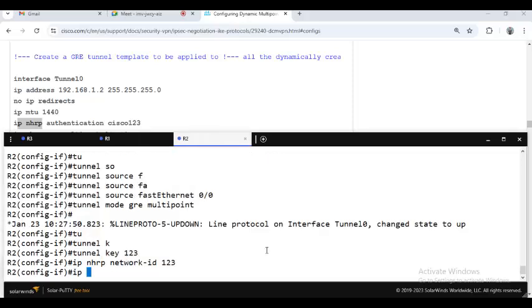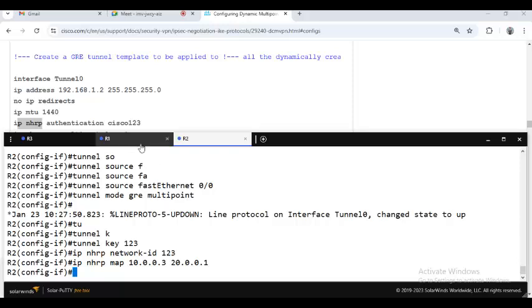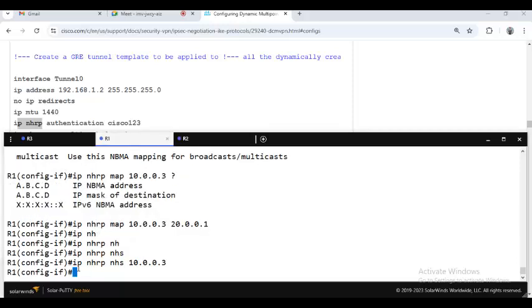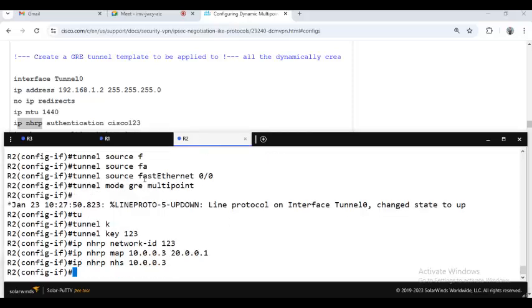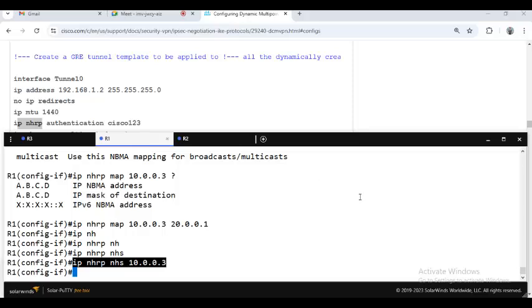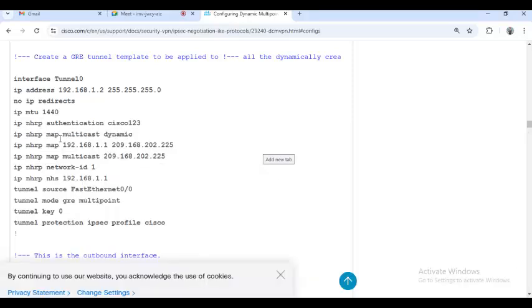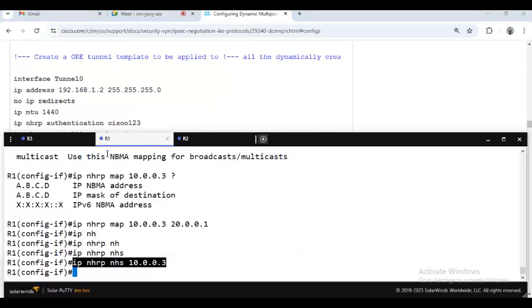We need to have this one. Did I configure that? Yes. And then I need to have this one. Did I configure that? No, that is not there. IP NHRP map multicast. How did I miss it? Oh, it is here. Okay.